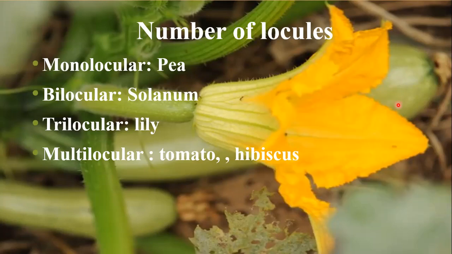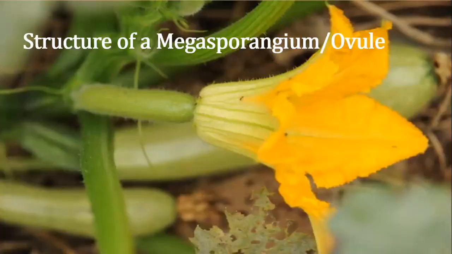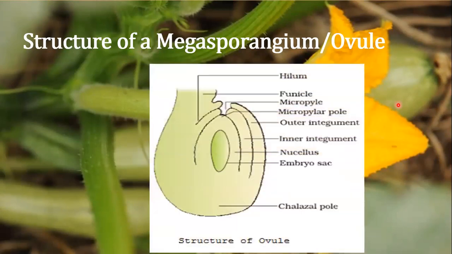Next, moving on to the structure of a megasporangium or an ovule. The ovule is the structure which develops into seed after fertilization. The megasporangium is also known as ovule. It has the following structure. It has a stalk-like structure called funicle, and it attaches to the ovarian body at the region called hilum.